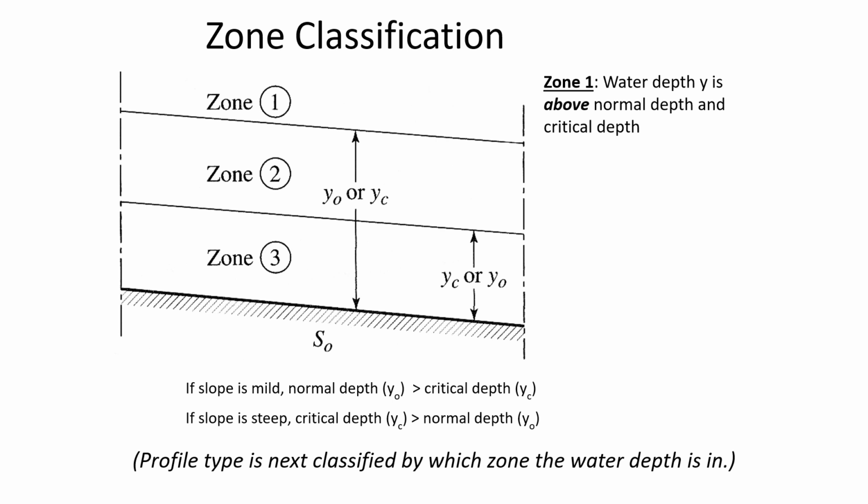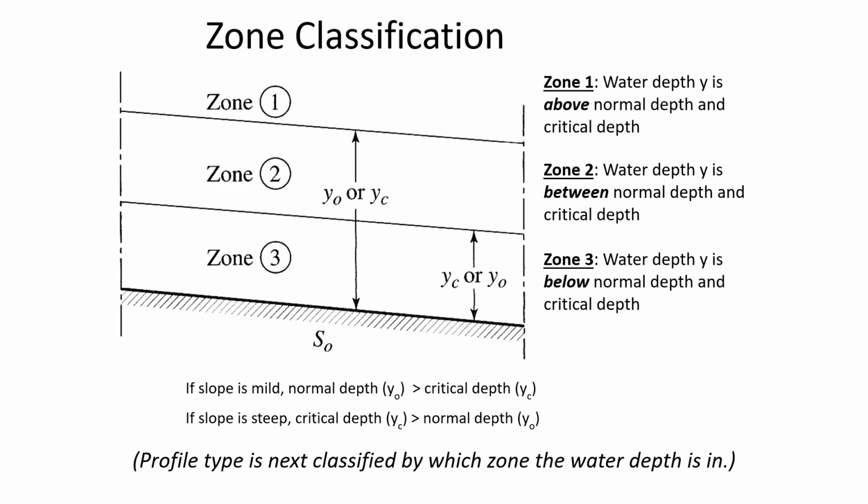And so if we have a mild slope, we know that the critical is the lower of the two imaginary lines, and the normal is the upper, and then the actual flow depth could potentially be in zone 1, zone 2, or zone 3. Zone 1 is above both the normal and the critical, zone 2 is between them, and zone 3 is below both of them. Now, which will be on top, the normal or the critical, varies depending on whether you've got a mild or a steep slope.